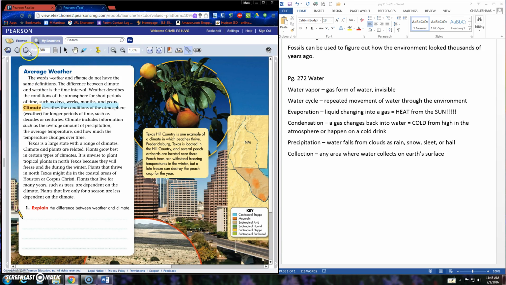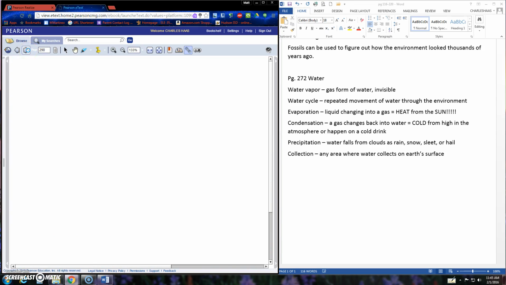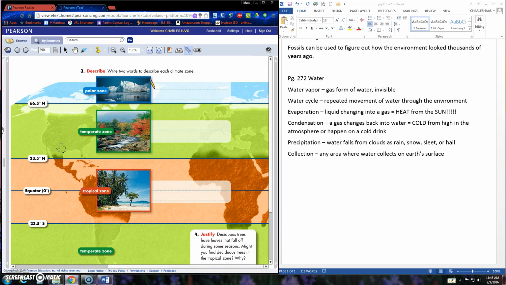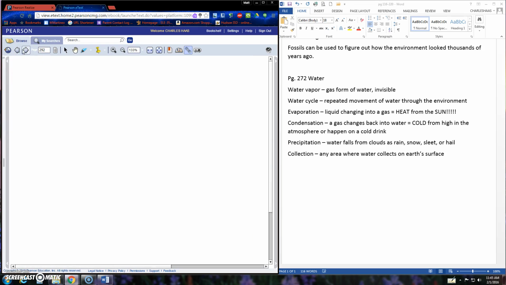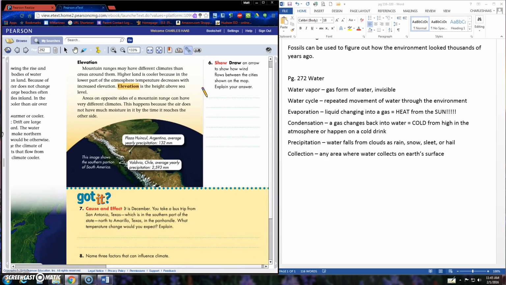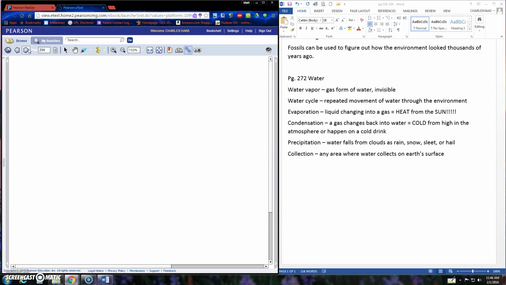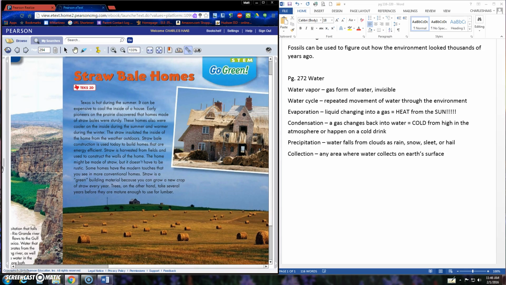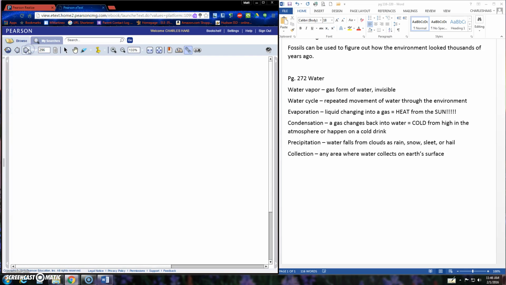Climate is the average weather. It takes years, decades, centuries for climate. Yeah, we already looked at this. Factors about climate on page 290. We're done with that one. You don't have to know about elevation. You'll be okay. We're good on there.